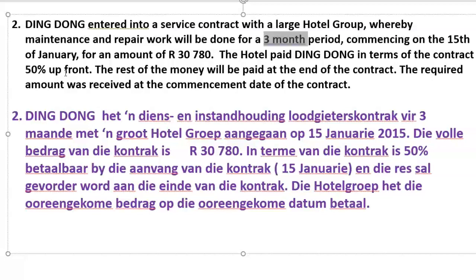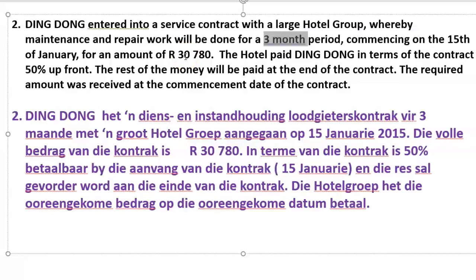But then he will ask you, did cash flow take place? And there I have to answer yes. And then he will ask you, how much cash flow has taken place? And that would be 50% of 30,780 Rand. He will tell you then that you owe him the VAT on 50% of 30,780 Rand in the month of January because cash flow has taken place.